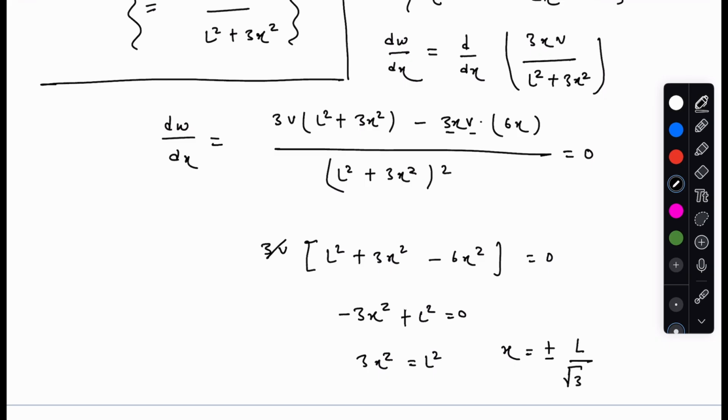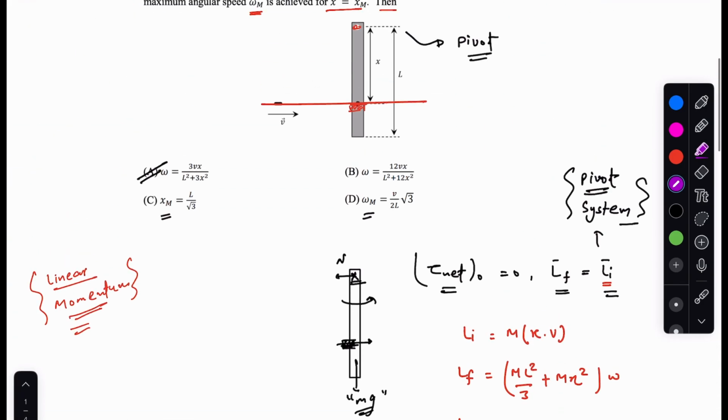Of course we take the positive value, so this is the place where we'll have the maximum angular velocity after collision. If you wish, you can double differentiate and verify whether it gives the maximum or not. So this option is also correct.